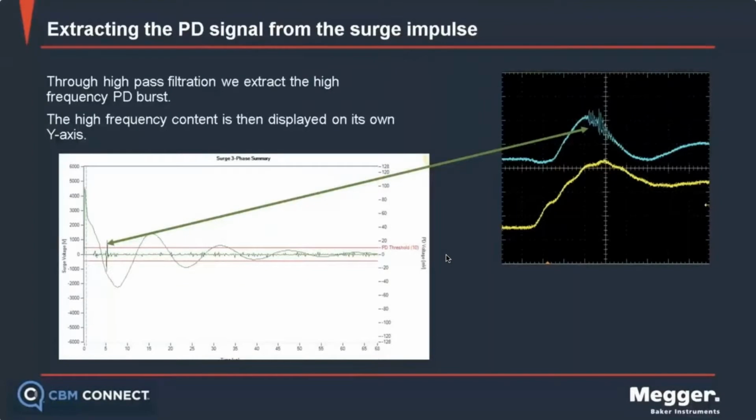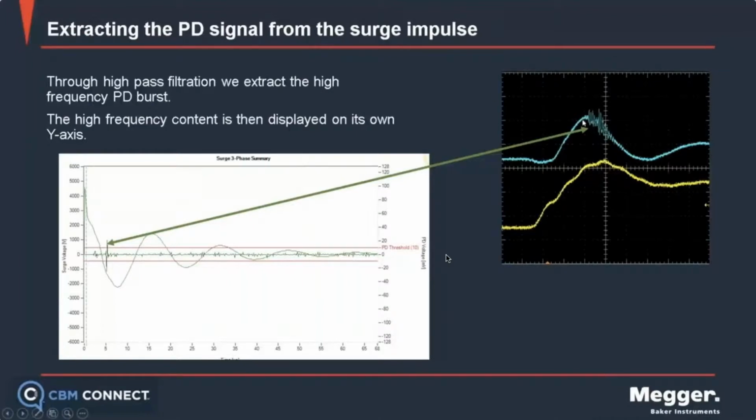Okay, so again, we're just taking the high frequency bits. Here on the right, you see an oscilloscope view of a couple waveforms. One would be the normal view of the surge, the steep-fronted rise and then the trailing attenuated ringing wave pattern. And here we see this high frequency rider on one signal that's been specially tuned to be able to see that high frequency bit.